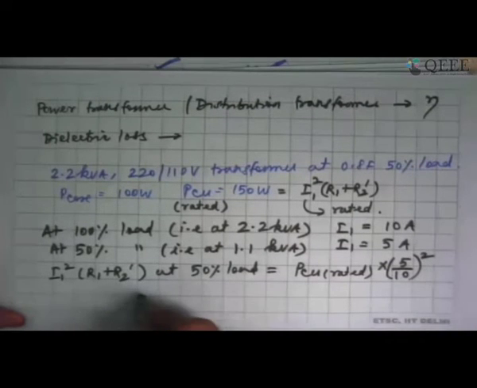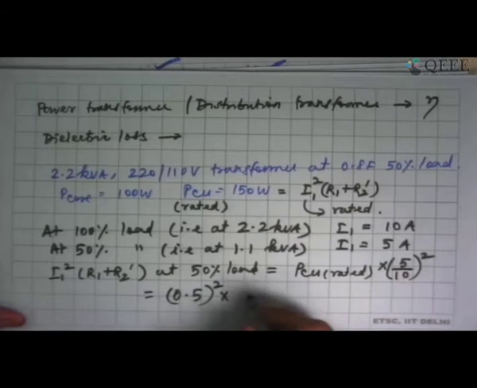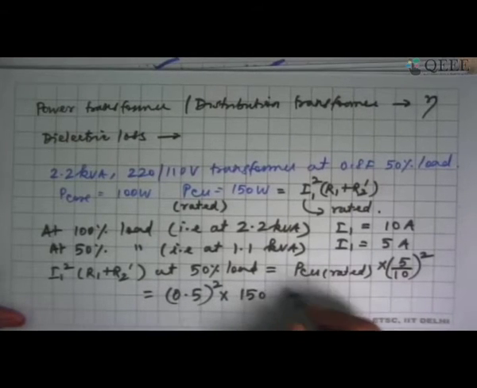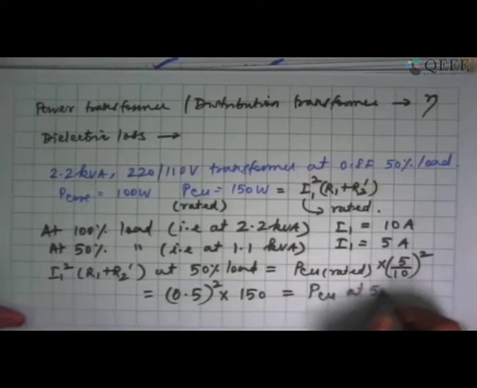So I will have this as 0.5 whole square multiplied by 150 watts. This is what will be the copper loss at 50%.